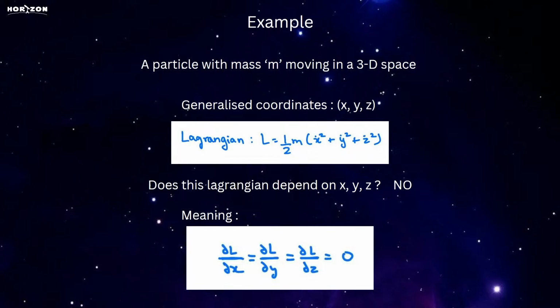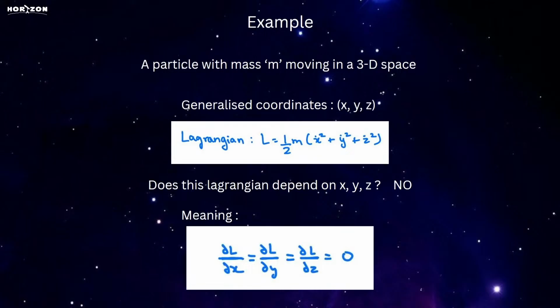Now, let's consider a particle moving in 3D space with mass m. Now, there is no external force here and no potential. And the generalized coordinates would be x, y, and z. The Lagrangian in this case would be half m x dot squared plus half m y dot squared plus half m z dot squared. Now, does this Lagrangian depend upon x, y, or z? Well, as you can see, no. So, if we were to change the position of the system, would there be any effect on the Lagrangian?